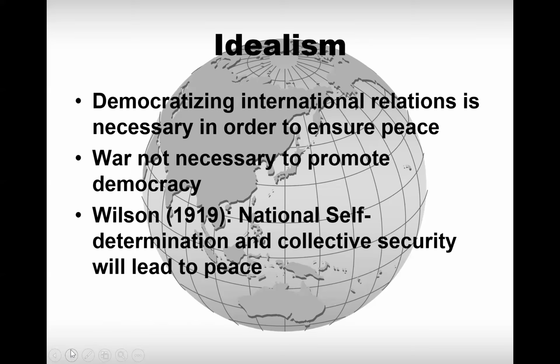So he called for the dissolution of the Empire of Austria-Hungary and to consolidate the units into nation states. So he argued that Austria-Hungary and the Ottoman Empire as well should be broken up into individual nation states.